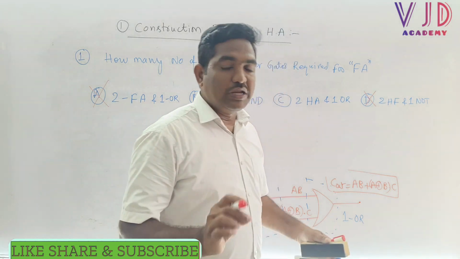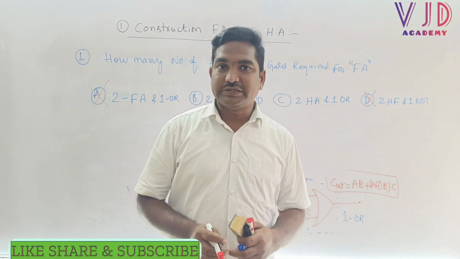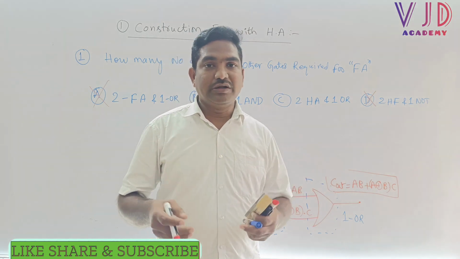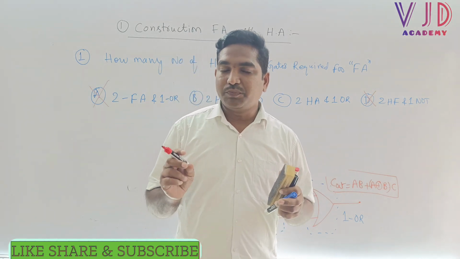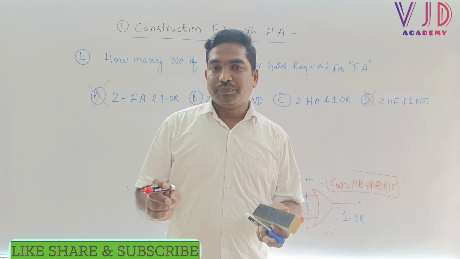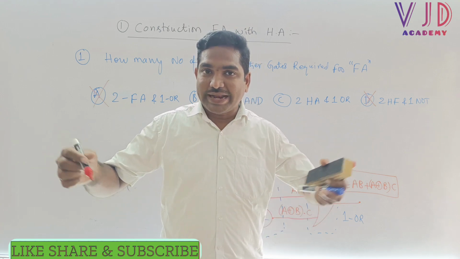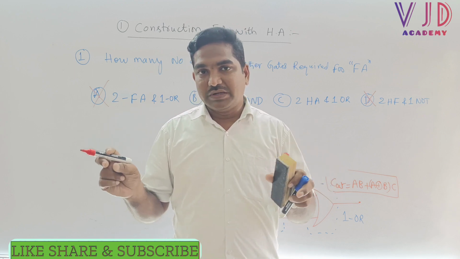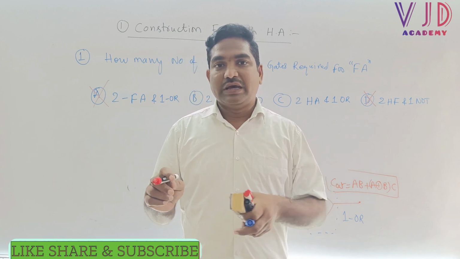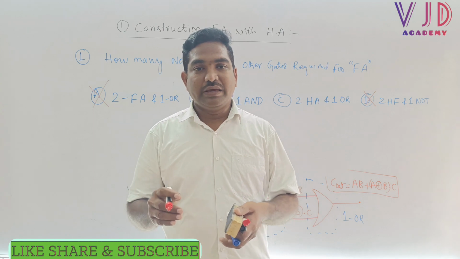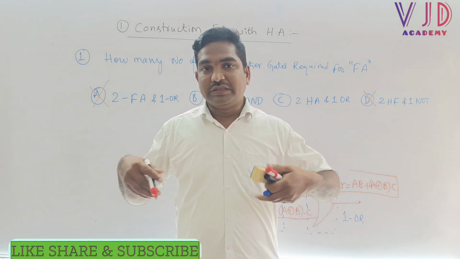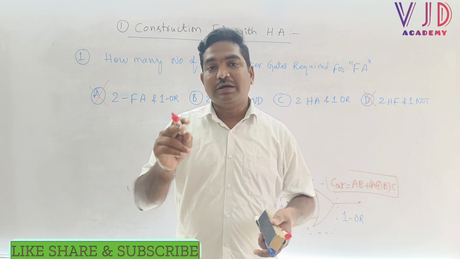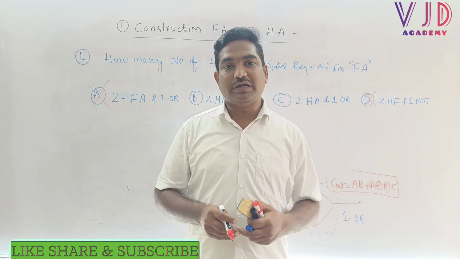Now the only logic is this: in combinational circuits, to produce the output we connect the possible combinations of variables, like A, B, C, or A bar B, or A, B, C bar, and these product terms are finally connected with a plus symbol, which means an OR gate.